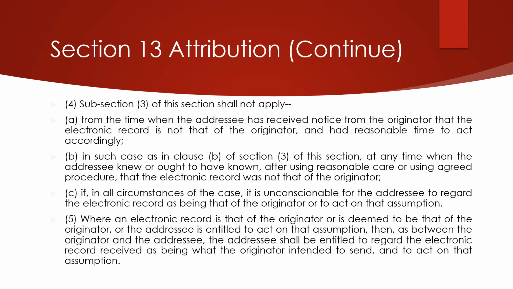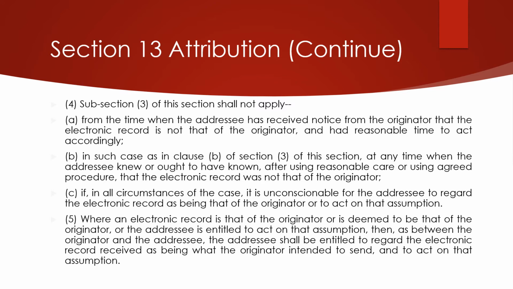Now, subsection 5. This is the presumption of intention of the originator relating to an electronic record. Receiving the electronic record, the addressee shall presume that the originator has sent the electronic record for what the originator intended to send, and the addressee shall act on that presumption.